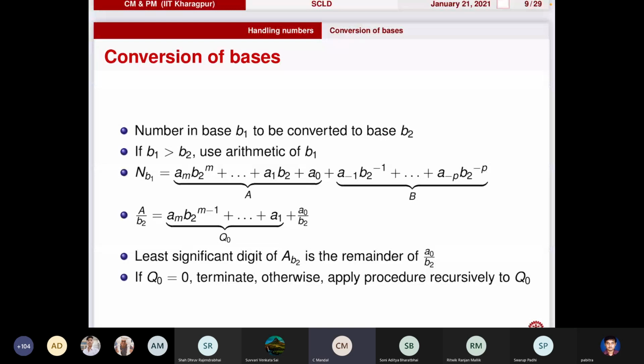So what is this thing? Base B1 is 12. 548 in base 10 is basically 5 times 100 plus 4 times 10 plus 8. So now all of that arithmetic you just need to do in base 12. That's all.